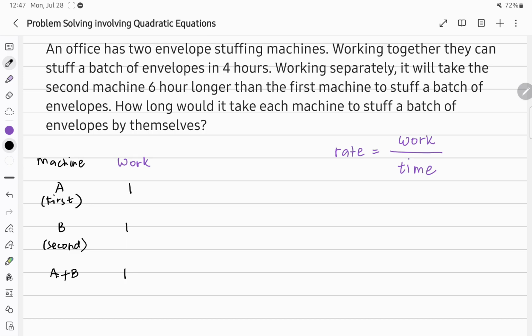Since, sabi dito, working together, they can stuff a batch of envelope. So, a batch, 1. 1 work done. Then, working separately, it will take the second machine 6 hours longer than the first machine to stuff a batch ulit. So, 1 work done ulit. So, work is 1.